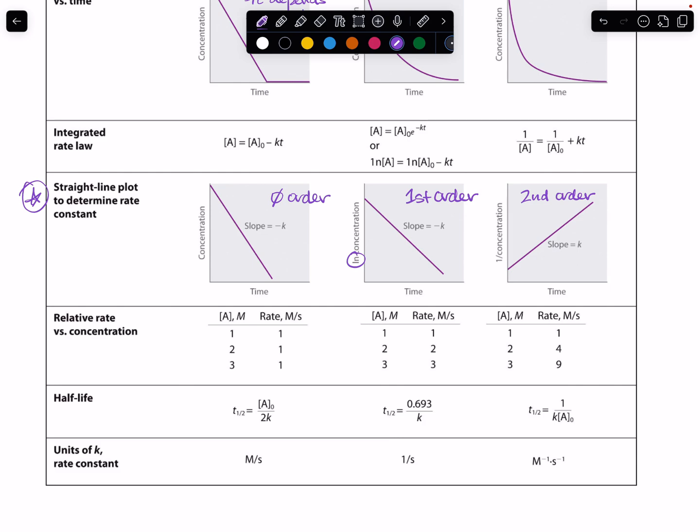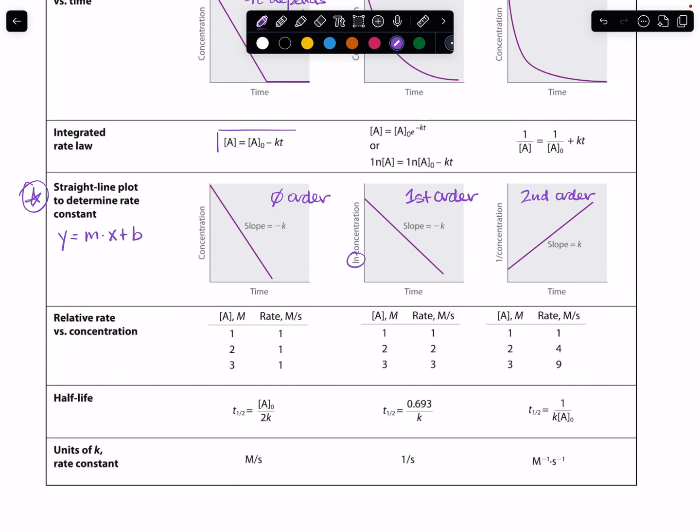The other thing to keep in mind is what these straight lines mean. Remember, straight lines, linear plots, are equal to y equals m times x plus b. So if we look at our zero order, y is concentration. The slope here is going to be equal to k, and then x is going to be time.